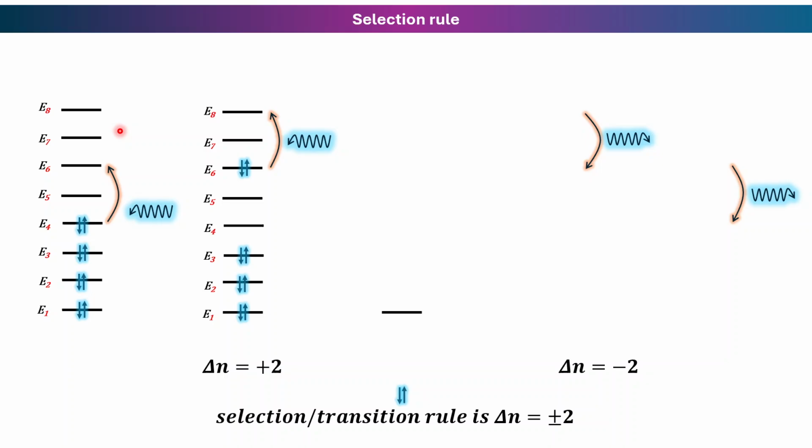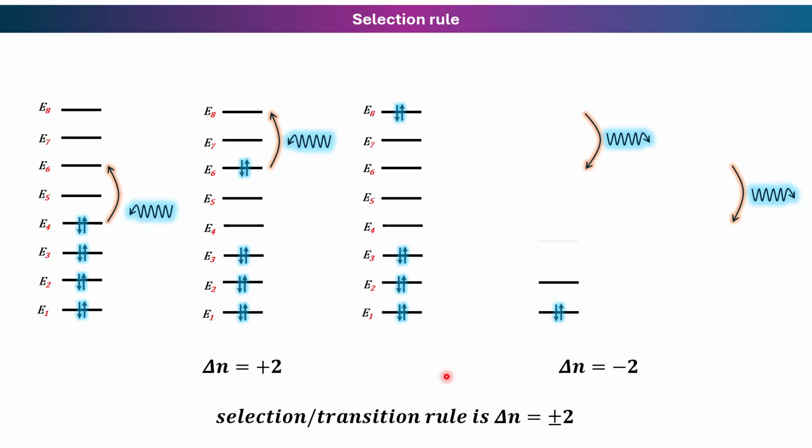So if the selection rule is 2, it means the change in quantum number is 2, meaning you can only excite in a step of 2. It is not allowed in a step of 1. And minus 2 also means the same, you can only relax in a step of 2.